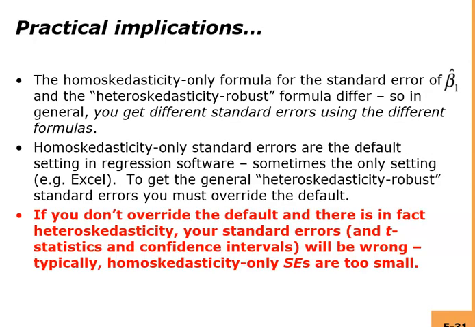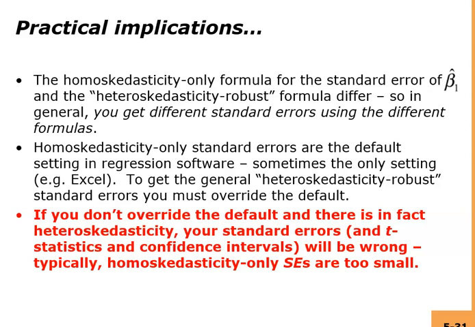So what are the practical implications then? The homoskedasticity-only formula for the standard error of beta 1 hat and the heteroskedasticity-robust formula differ, so in general, you get different standard errors. Homoskedasticity-only standard errors is usually the default setting in most regression software. That is also the case in STATA. So you have to write comma robust at the end of every regression command for STATA to calculate the heteroskedasticity-robust standard errors.